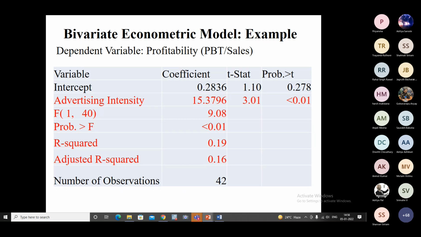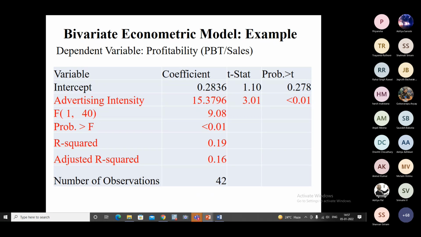Now definitely suppose 2 students are estimating some such model, and one is using profitability measured as profit after tax by sales, another student is measuring profitability as profit before tax by sales. In both the cases, as far as this example goes, the estimated model is statistically significant.